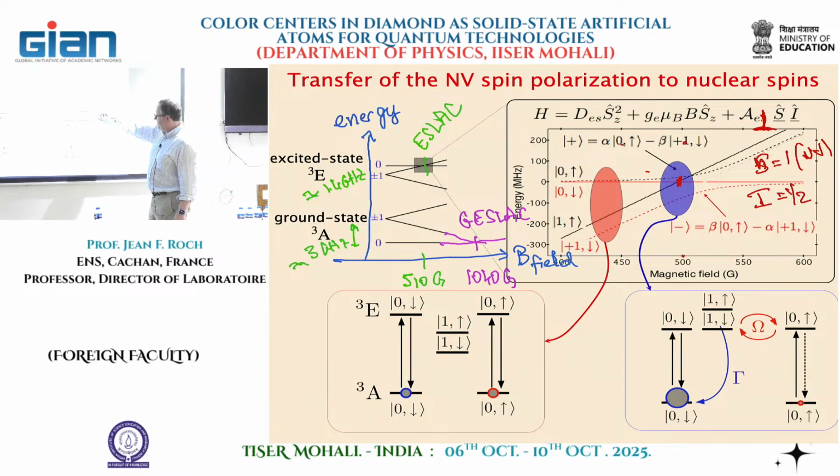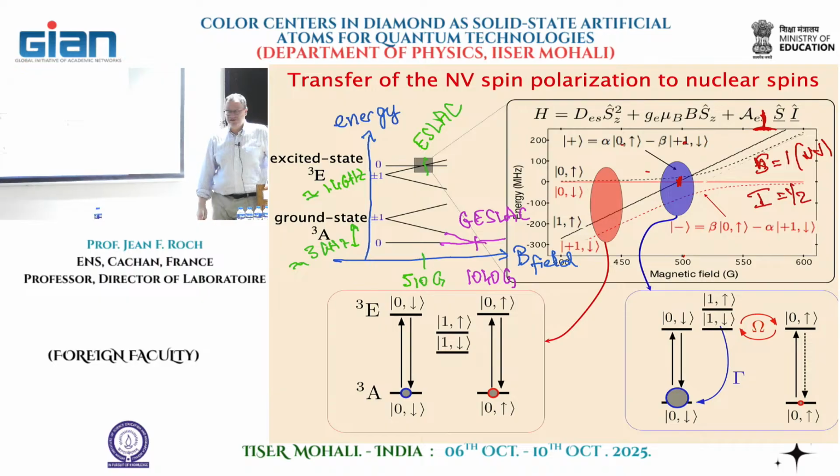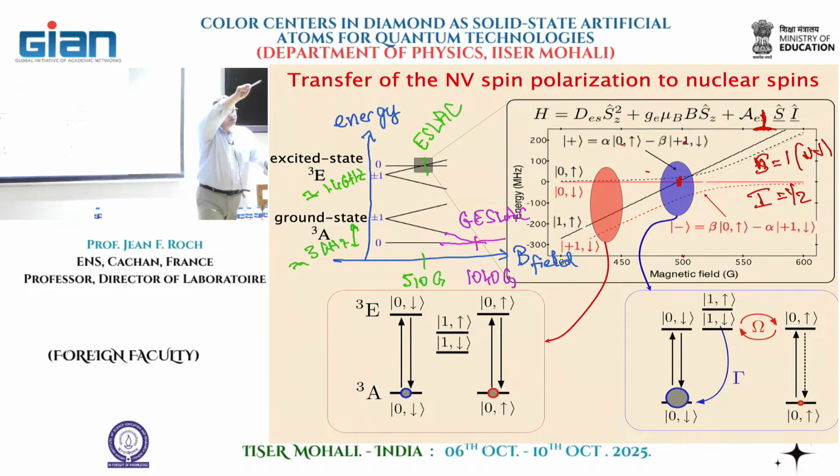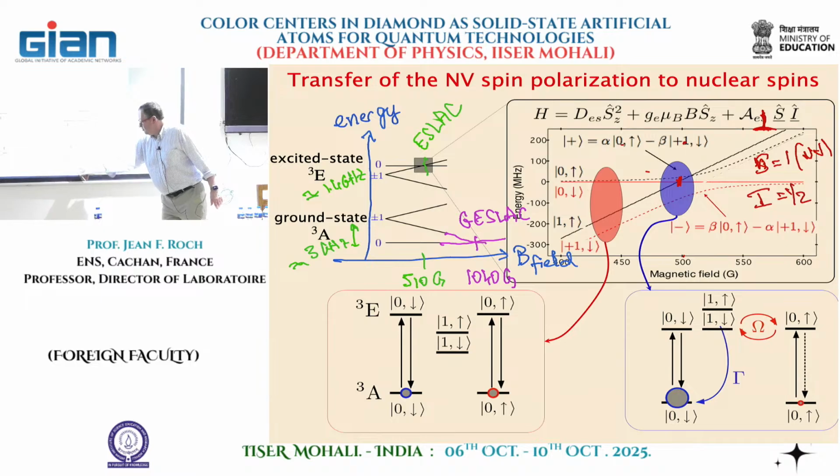If I'm here, what happens then? I decay from ms equals 1 to the other system. I can decay. Suppose I will not have any splitting here, but I decay to that state. And this decay through the singlet channel won't change mI. So I'm in ms equals 0, now with the spin down.